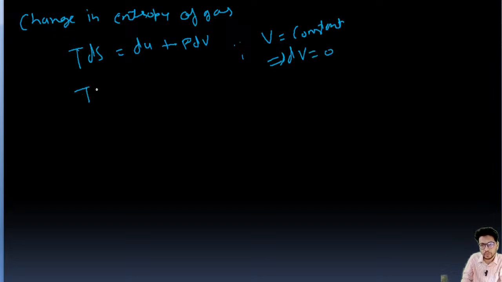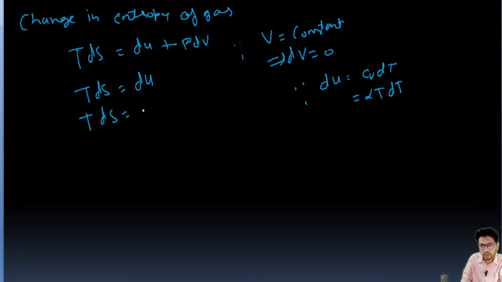So this is going to be TdS equal to dU, and the value of dU we know, dU is Cv dT, and the Cv value is given, that is alpha T dT. So we'll put the value here. This is going to be TdS equal to alpha T dT.